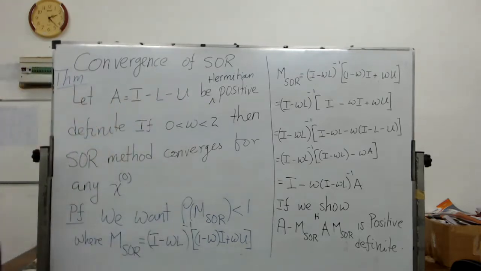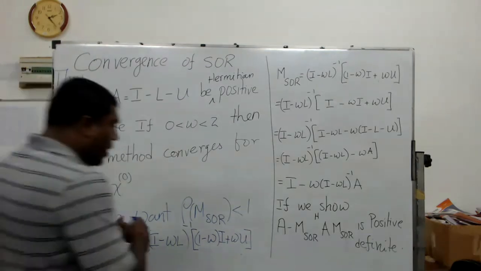If we can show that A minus M_SOR Hermitian times A times M_SOR is positive definite, where M_SOR is the iterative matrix of the SOR method, then we can show that the spectral radius rho of M is less than 1.